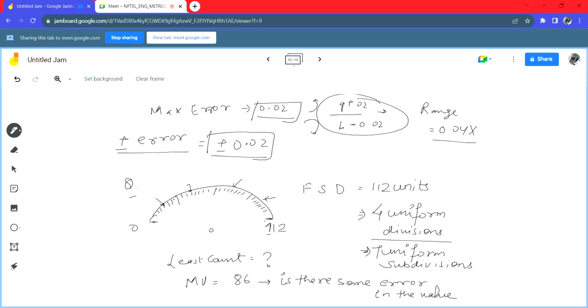And there must be an error of 2 units. Am I audible? Yes, you're audible, but I want others also to solve this and then we will go to the second part.